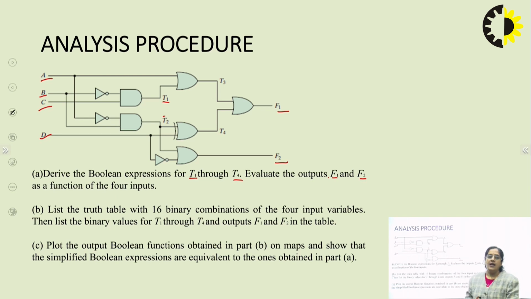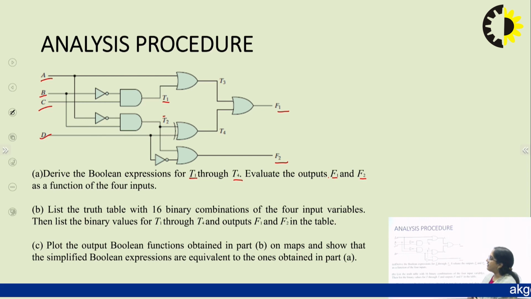Then, while analyzing any circuit, we have to draw the truth table as per the input combinations. In our case, for this example, we have four variables as input, so we have a total of 16 combinations. 2 raised to the power of the number of input variables gives us the number of combinations.